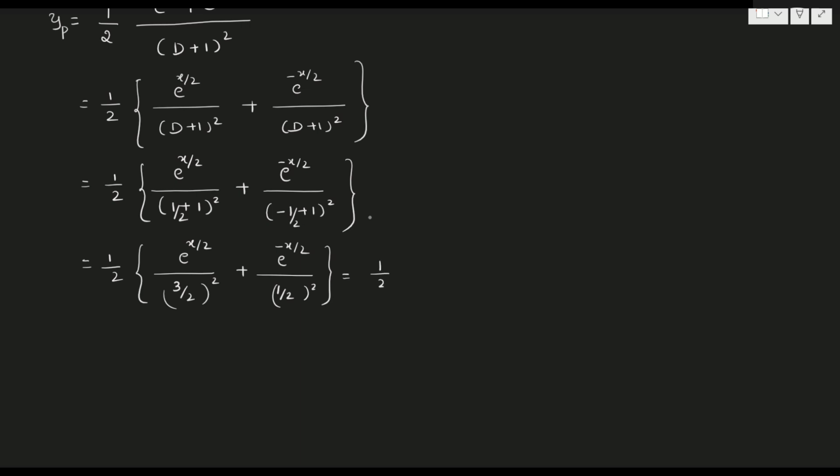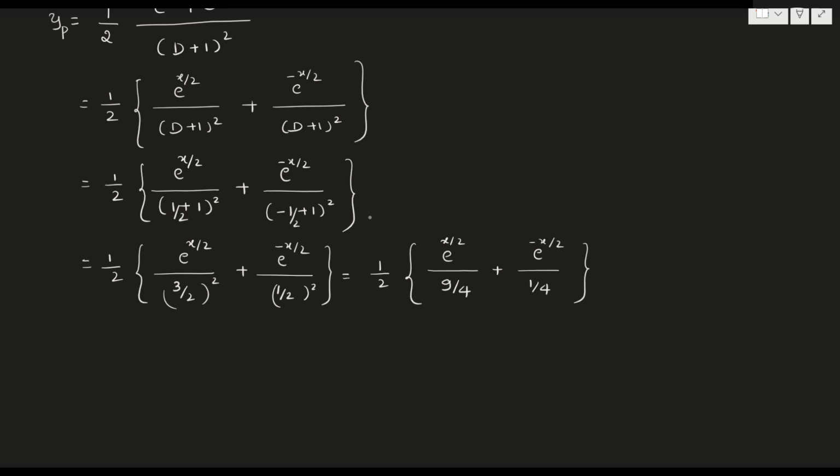Then you may write 1 by 2 into e raised to x by 2 divided by 9 by 4, plus e raised to minus x by 2 divided by 1 by 4.